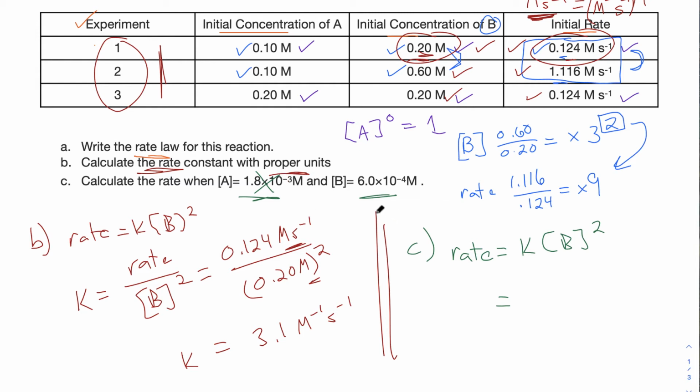But since A isn't in the expression, we don't actually need the concentration of A. So now it's just a concentration of B, and we have our value for the rate constant. With this exercise you see a little bit of how the units work out with the proportionality constant. And that's squared. If I evaluate this expression, I get a new initial rate for conditions that are not listed in the table.